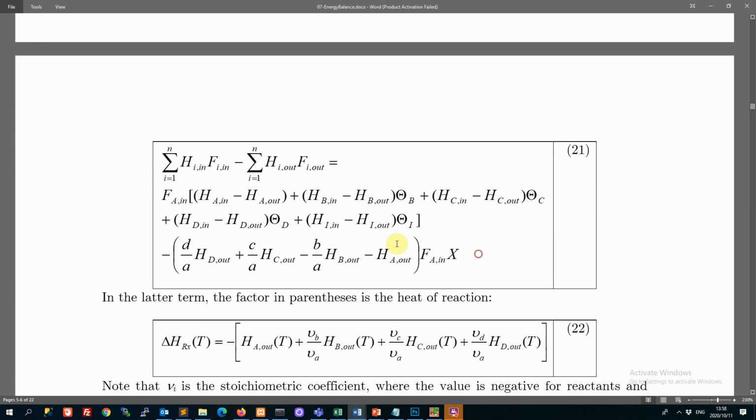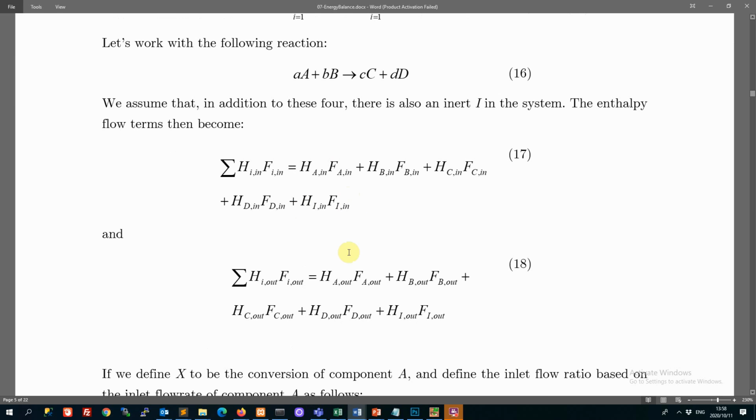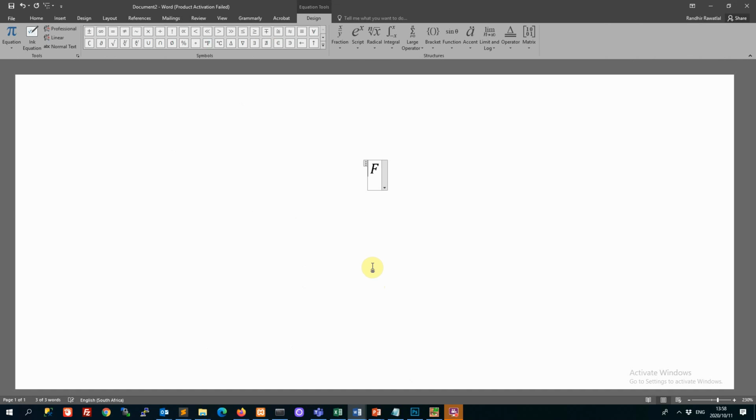And so if you put all those terms together, it looks like this. And note here that it's slightly different. We've grouped things slightly differently. So number one, we can rewrite this FA out. And in fact, let's just do it quickly here. So we can write FA out. I'm just writing them together.